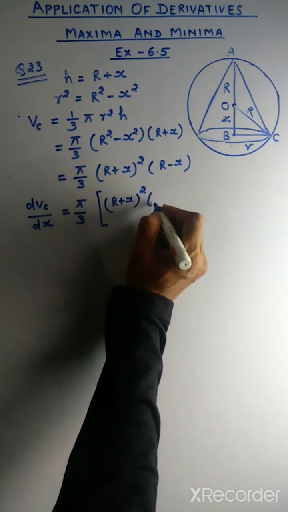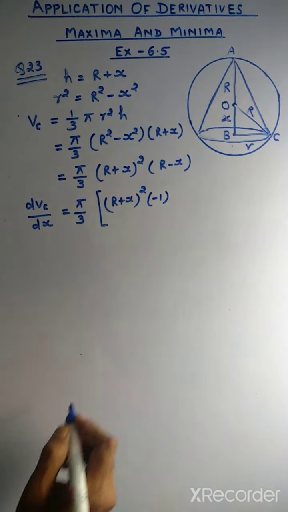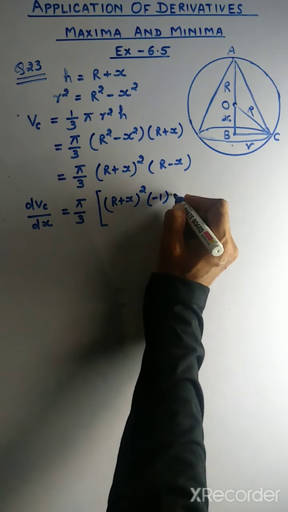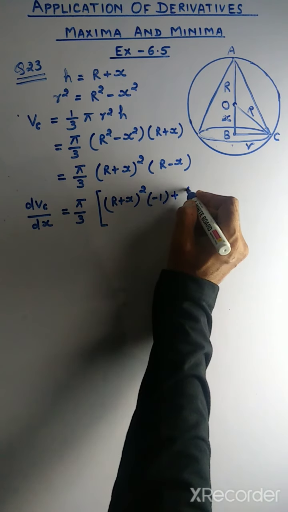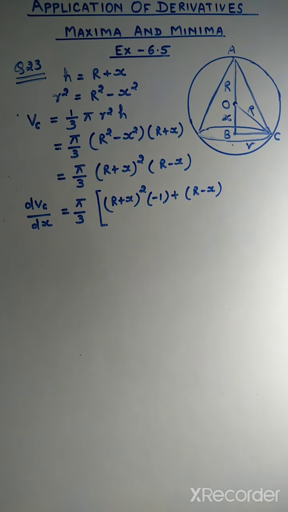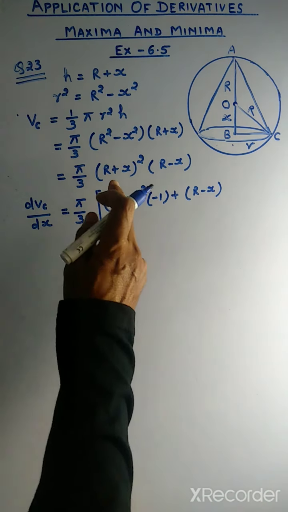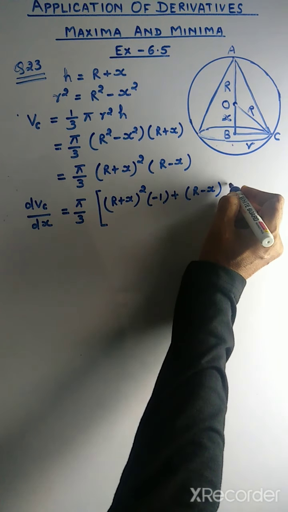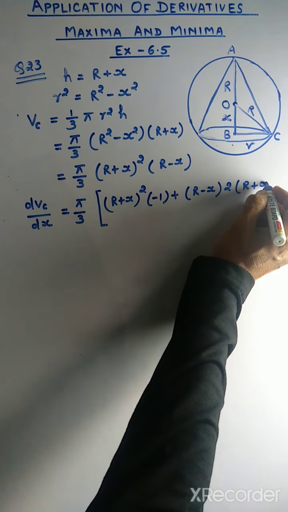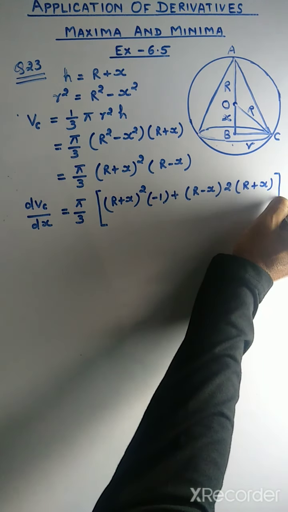So the differentiation of minus x is minus 1, plus the second function R minus x, times the differentiation of R plus x whole square, which is twice R plus x.